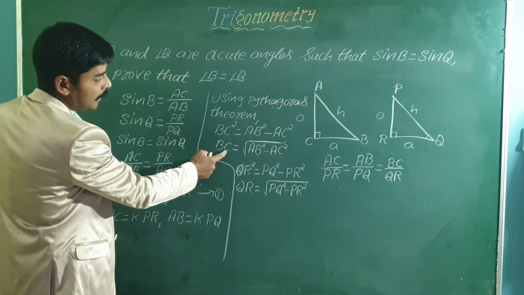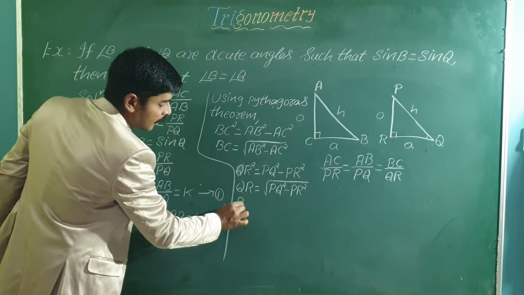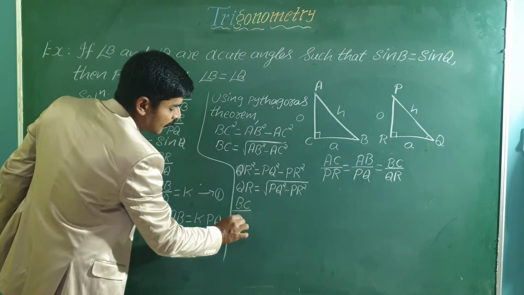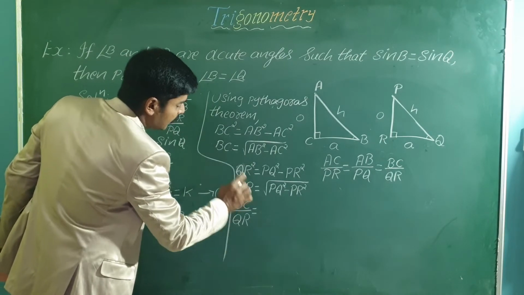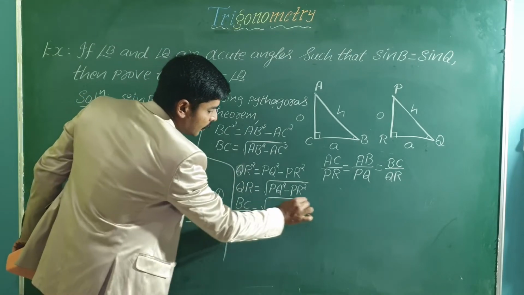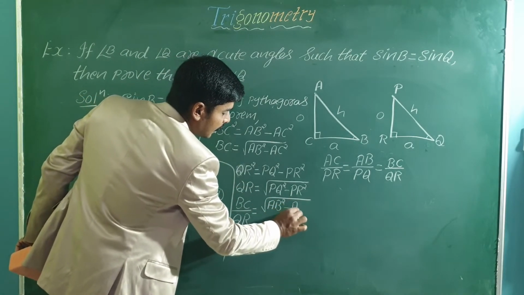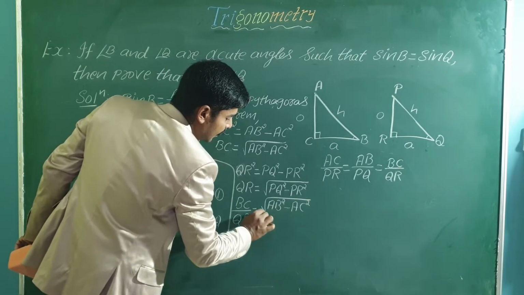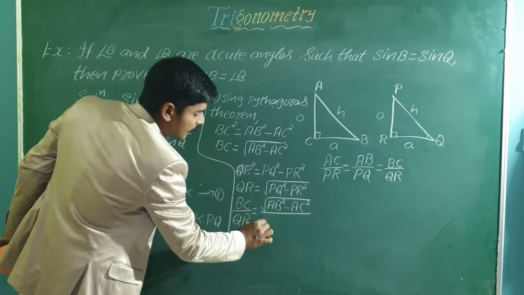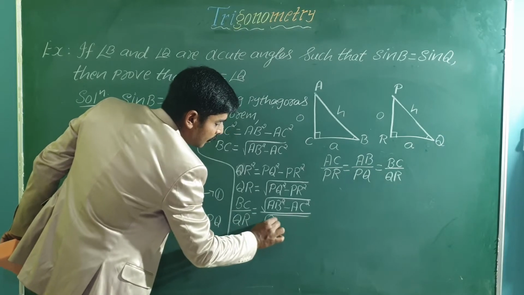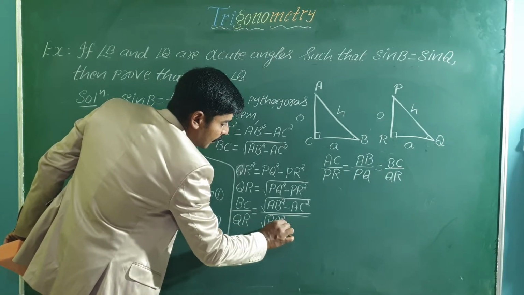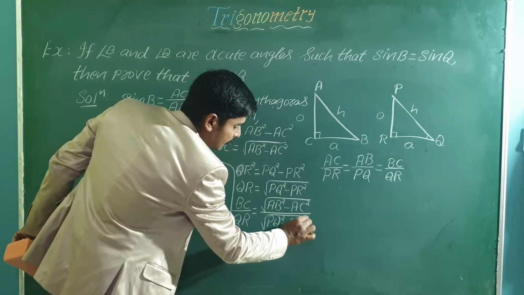Now let us take this ratio BC by QR. So BC is equal to square root of AB square minus AC square, divided by QR, which is square root of PQ square minus PR square.